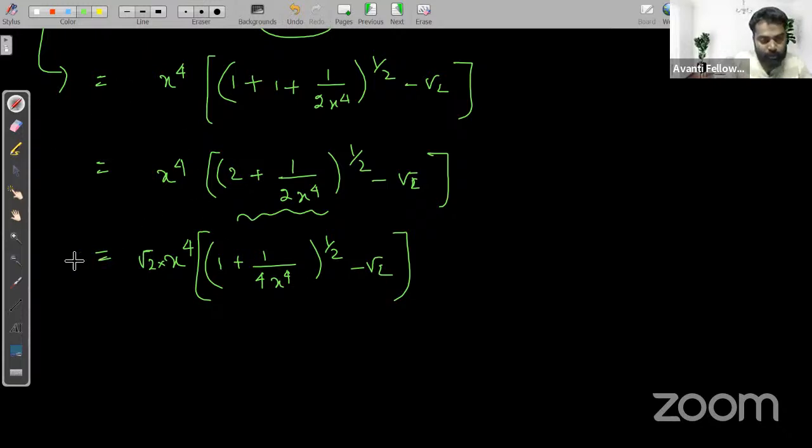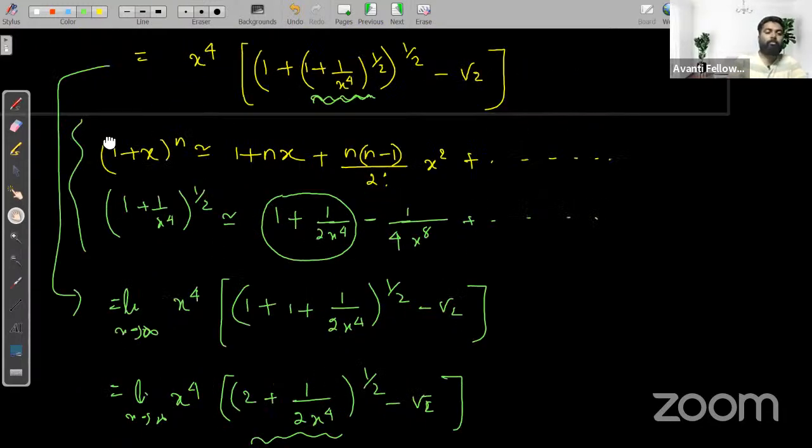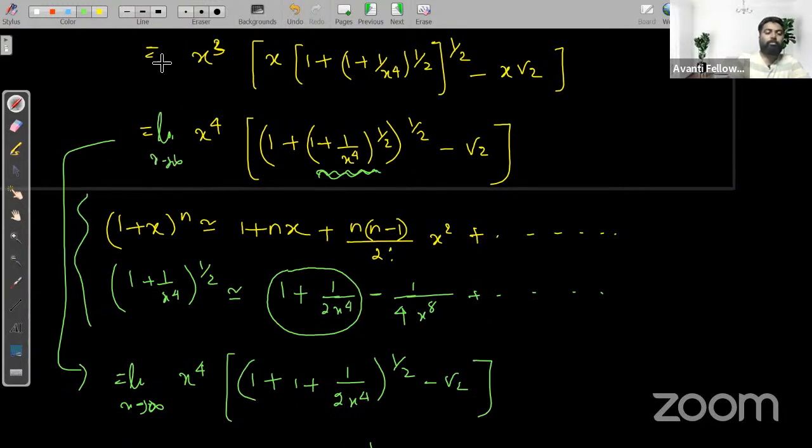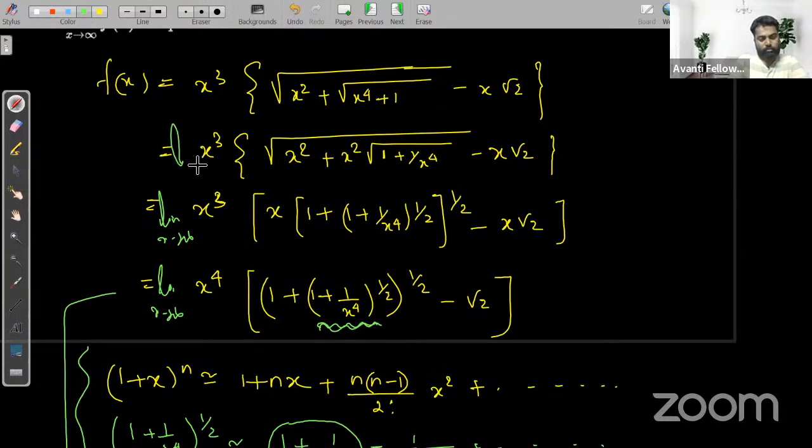So actually in all the terms, you have to write limit x extending to infinity. Okay.